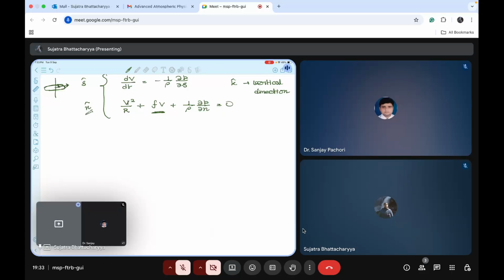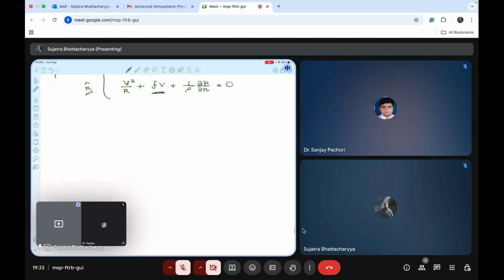Now in this natural coordinate system, how can we write the geostrophic wind? Geostrophic wind in natural coordinates. Remember, dV/dt, as you know, in the geostrophic wind we have already discussed, do we find any pressure gradient in the direction of the wind?